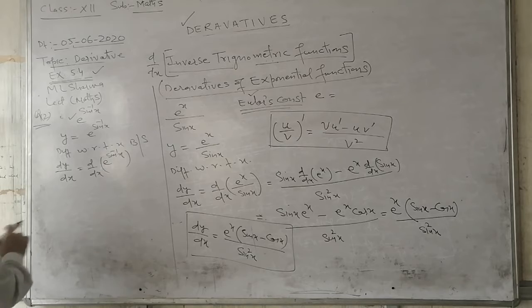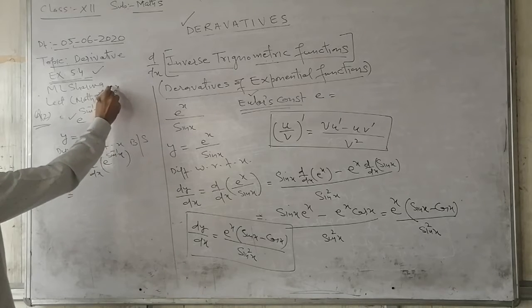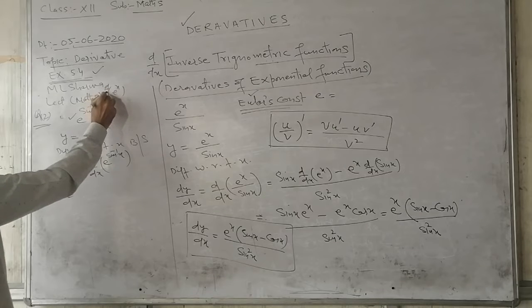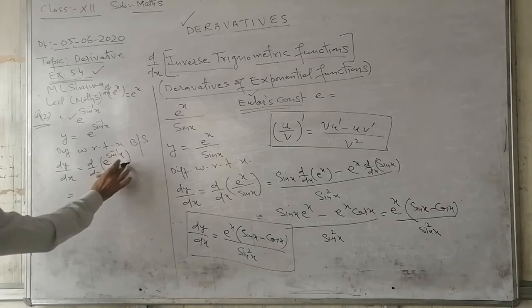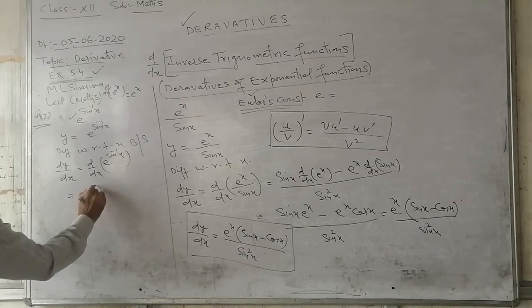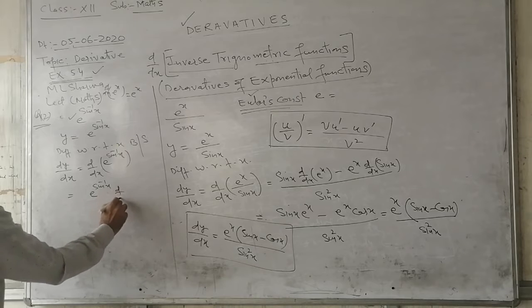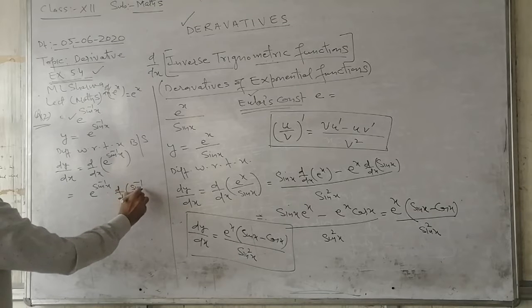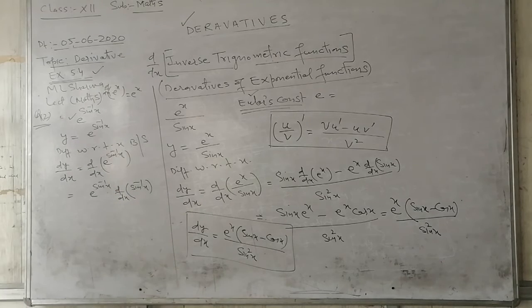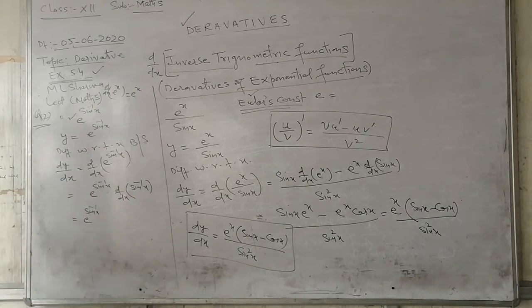So here the derivative of e raised to x is known to you, same as it is. So its derivative will be e raised to power sine inverse x into d upon dx of this sine inverse x. So this will equal to e raised to power sine inverse x into its derivative.